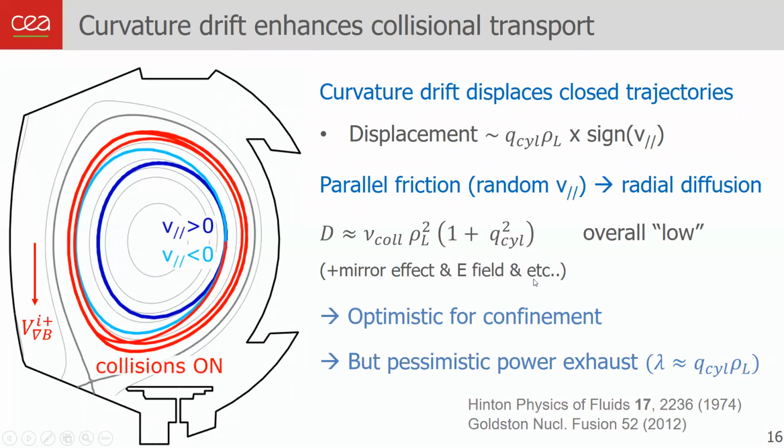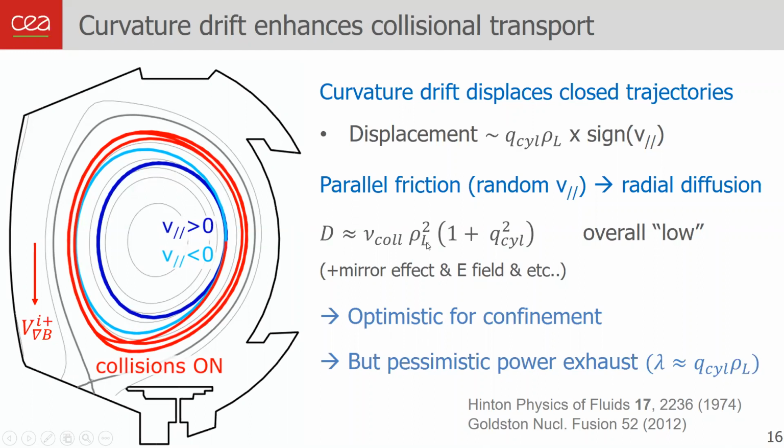Now, if you add parallel friction to this, things get interesting, because parallel friction is just a way to randomize the parallel velocity. And if you randomize the parallel velocity, you at the same time randomize this radial displacement, and this is radial diffusion. You end up with a diffusion coefficient that can be expressed as a collision frequency times the Larmor radius squared.